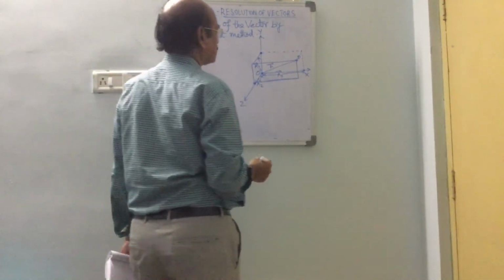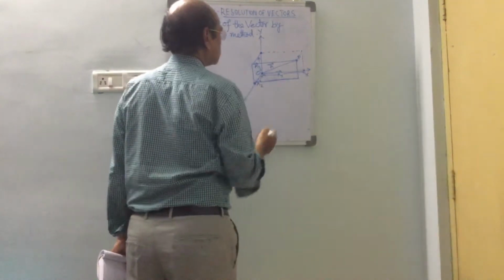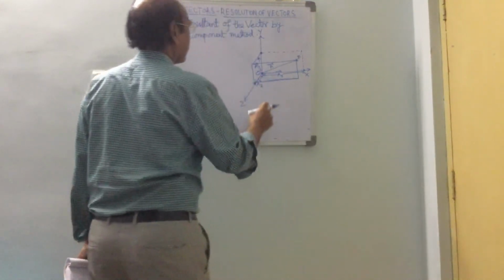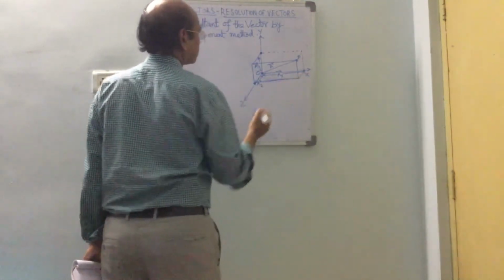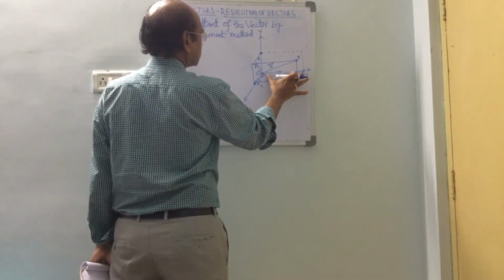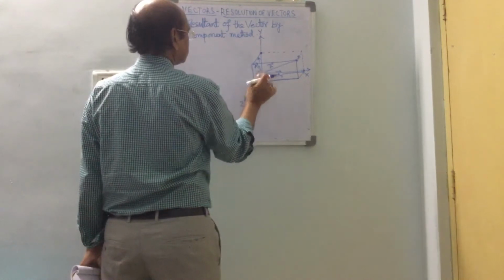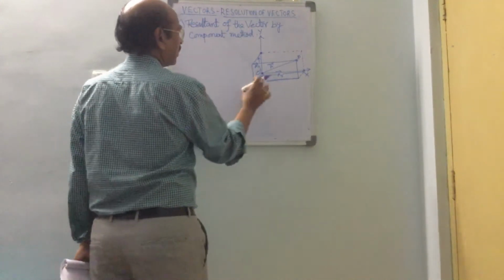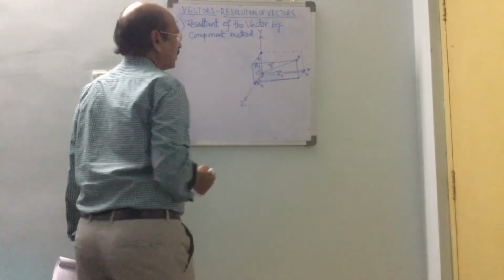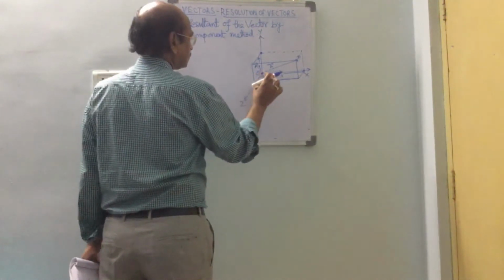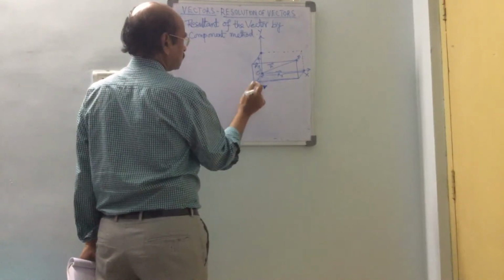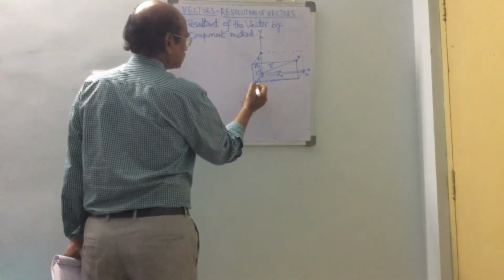And when we take the projections from P to the XYZ axes by constructing Q as shown in the figure, then the component of A bar in the X direction is A bar X, the component of A bar in the Y direction is A bar Y, and the component of A bar in the Z direction is given by A bar Z.